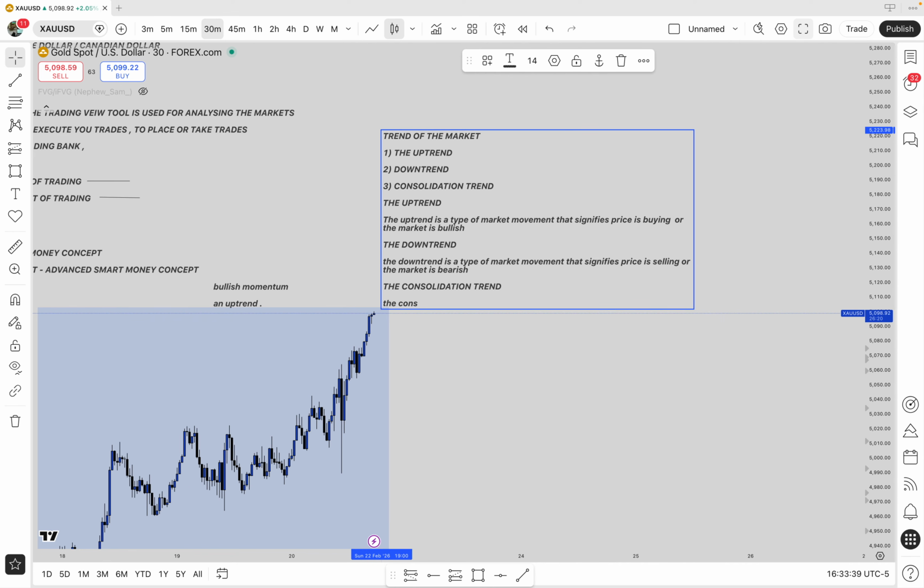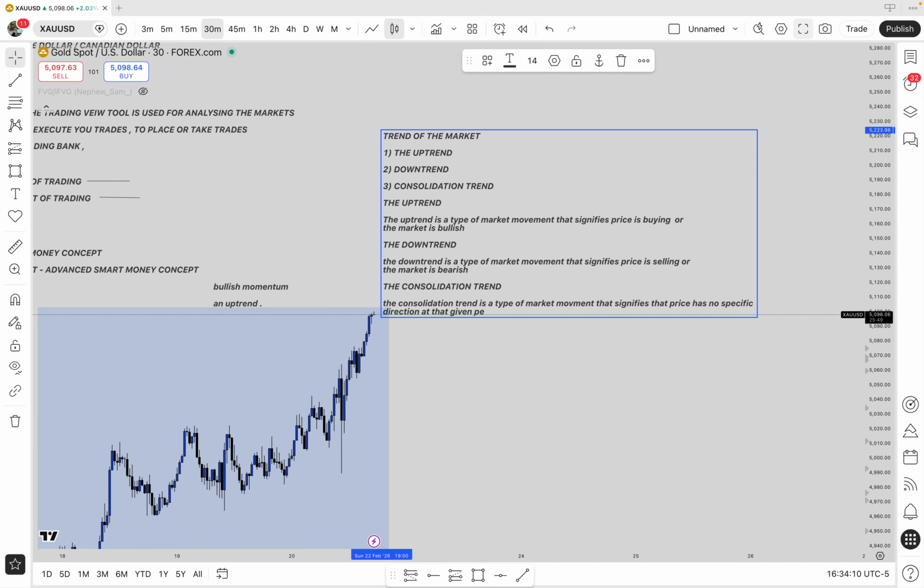The consolidation trend is a type of market movement that signifies that price has no specific direction at that given period in time.